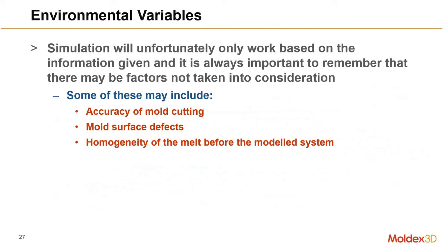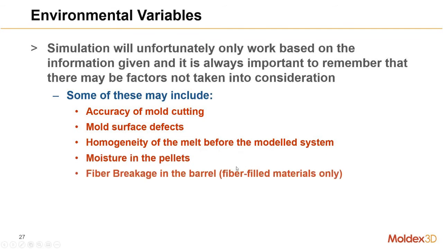But sometimes that's not always the case. Sometimes the melt is not mixed properly. So that's something that we can look to if nothing else pops up. Moisture in the pellets, splay is something that we can't really simulate in Moldex because it's kind of a randomized phenomenon. So moisture is something to consider.